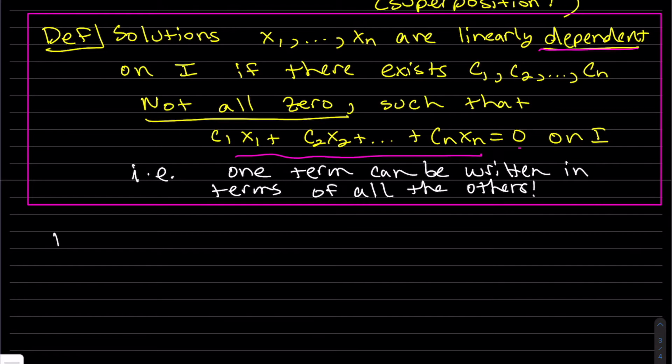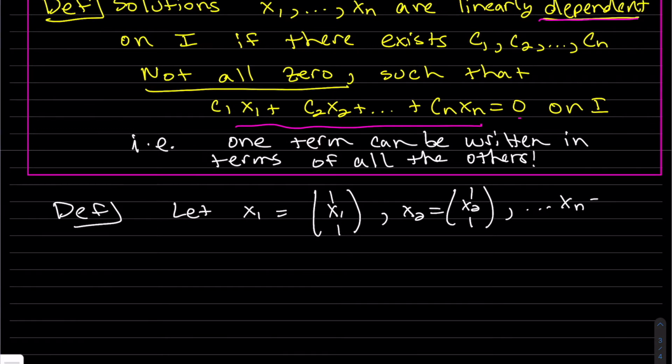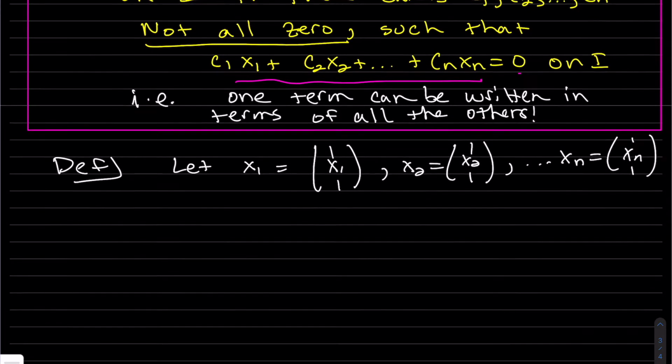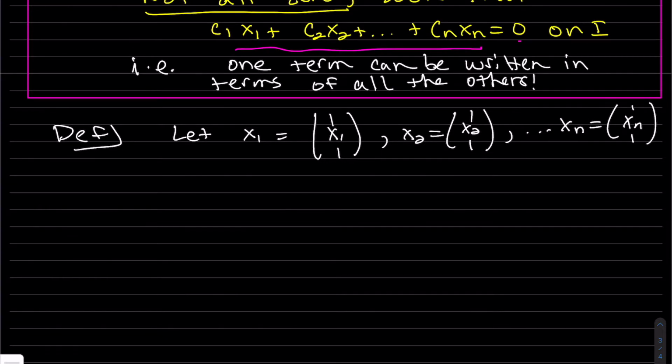Another definition, the Wronskian. So let's say all these x's are column vectors, and let these be n solution vectors.